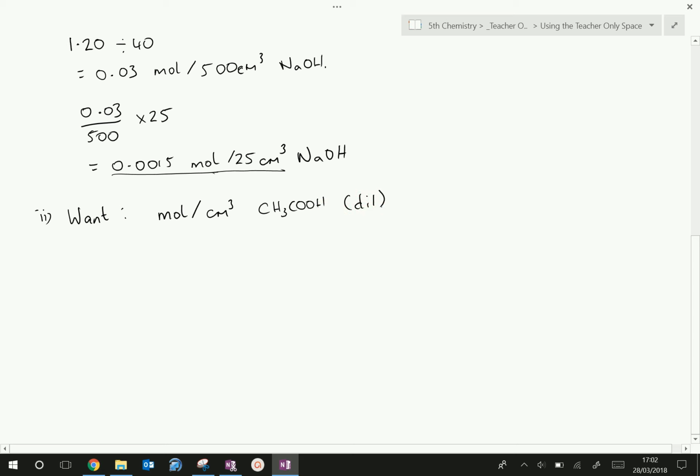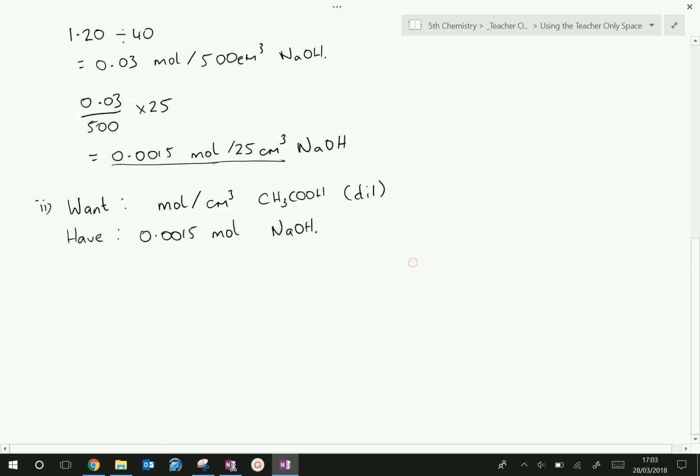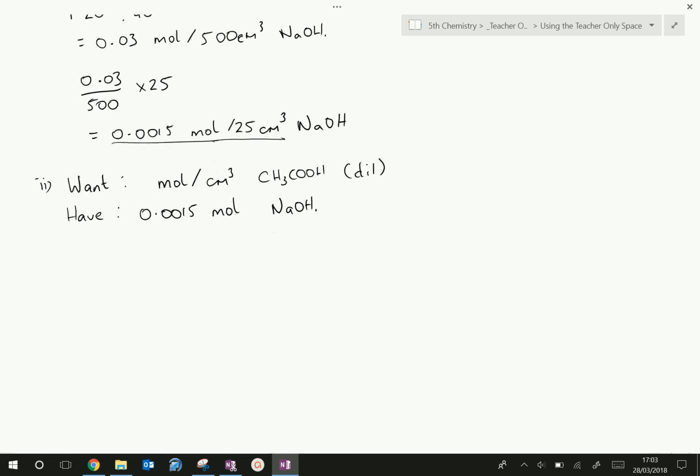What I have is 0.0015 moles of sodium hydroxide. To go from one chemical, sodium hydroxide, to another, the vinegar, what we need to do is use our ratios from our balanced equation above.